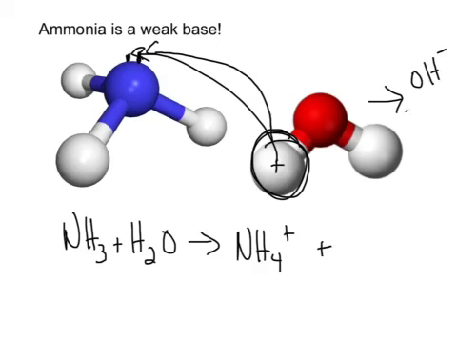And, of course, what's left from the water are hydroxide ions. So ammonia is a weak base in that it acts as a proton acceptor, forming hydroxide ions by removing the hydrogen from the water molecule.